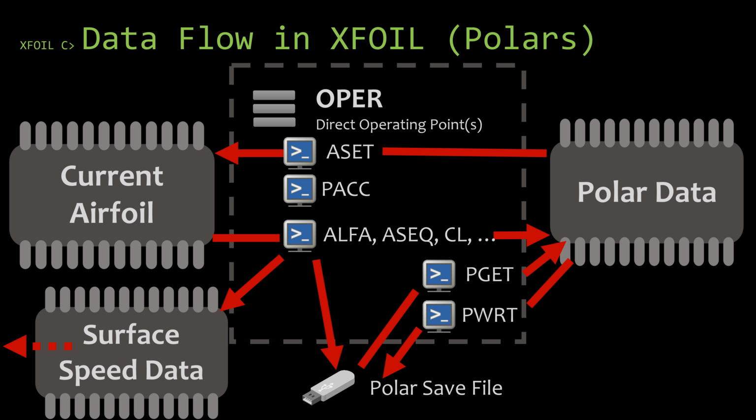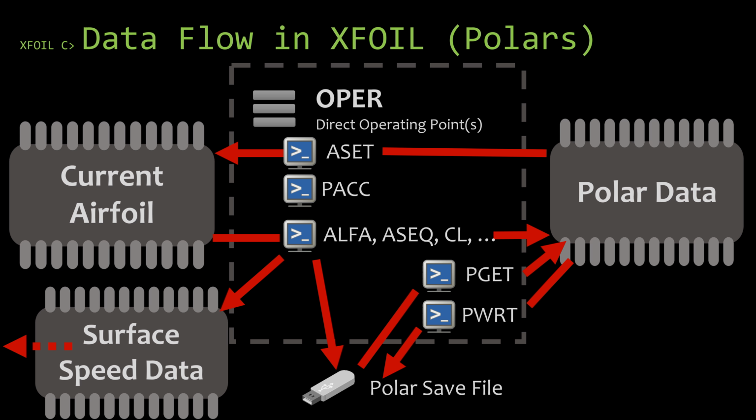It has commands to change flow conditions, like the Reynolds number, and it also gives you the ability to perform analysis on the airfoil shape. Like we see here, there's the alpha command.